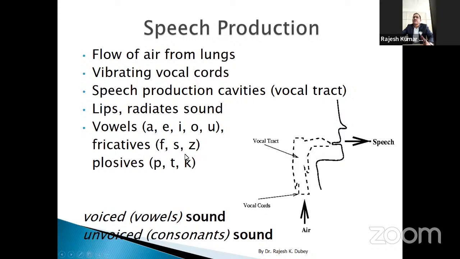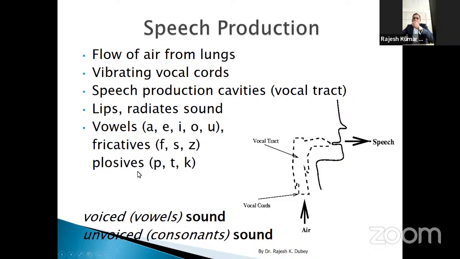Fricative sounds need some friction, like f, s, z. These sounds need some friction, okay? And some plosive sounds. Plosive is when there is a closure and the sound suddenly stops, like pa, ta, ka.